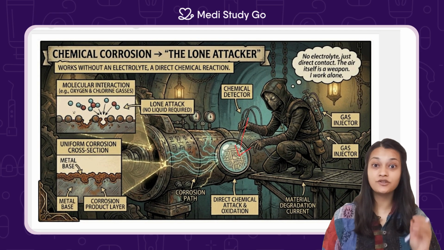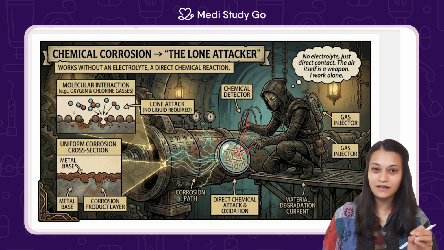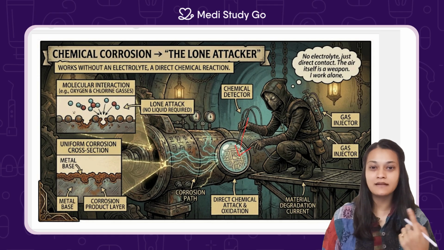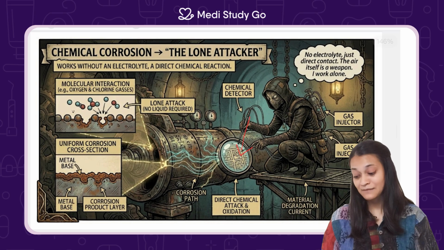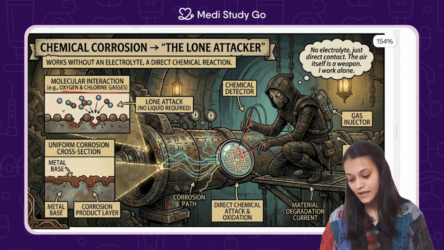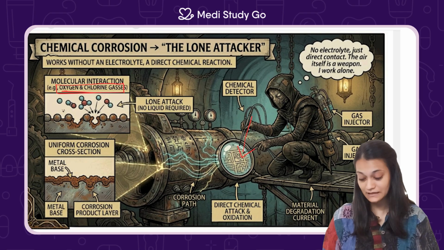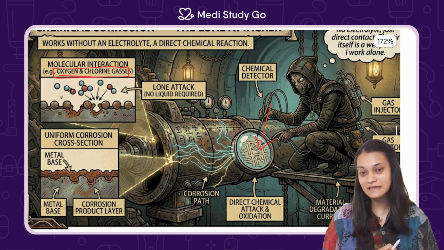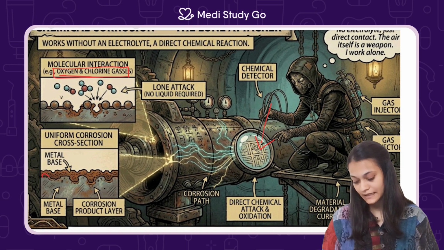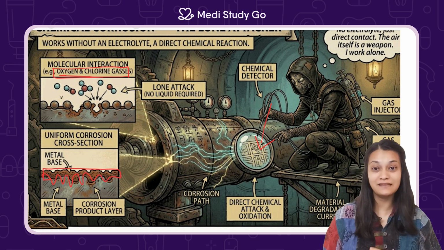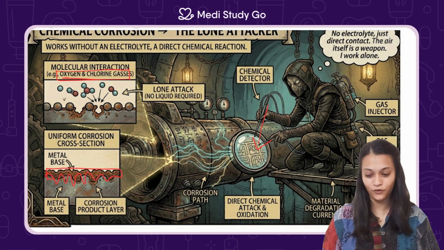It's going to directly attack using the chemical and start oxidizing the metal. And because of this, there are going to be gases that interact with the metal directly without the presence of electrolyte, which will lead to pitting corrosion, and what you see here is the corrosive mass formed.